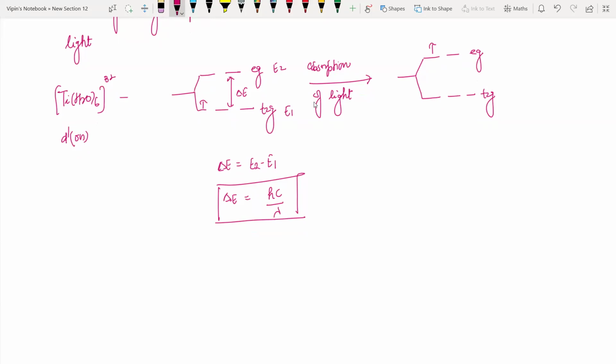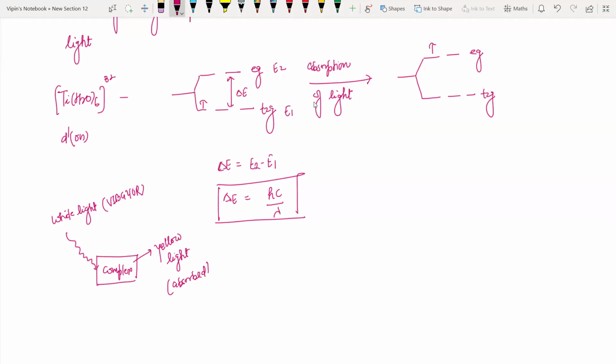For example, if we have a complex, when white light, which includes seven colors, interacts with this particular complex, let us assume this complex absorbs yellow light. Yellow light has been absorbed by this complex. This is the absorbed light, right?